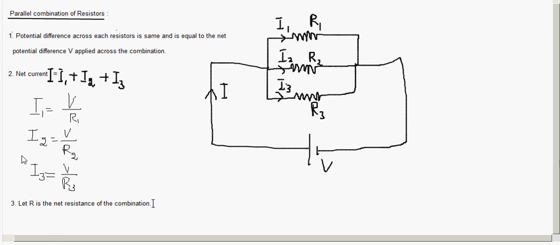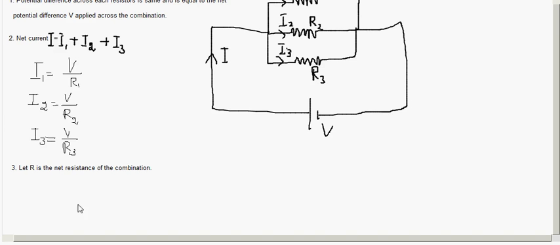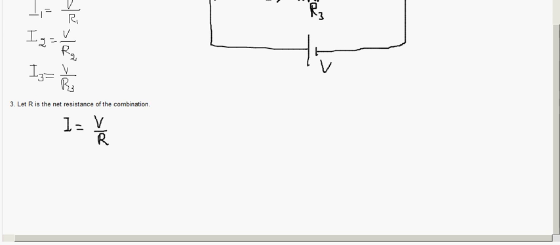Then we can write I is V by R. Combining all these equations, V by R is equal to V by R1 plus V by R2 plus V by R3.